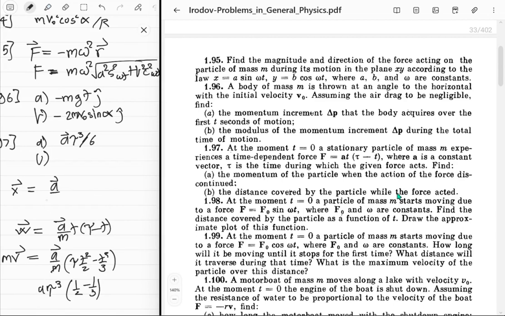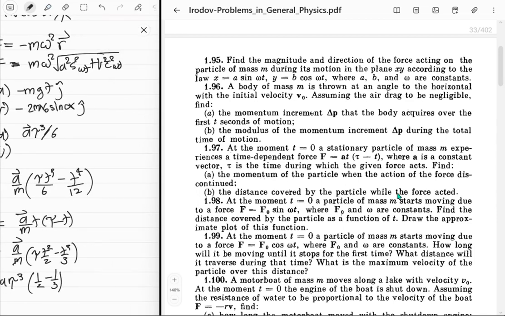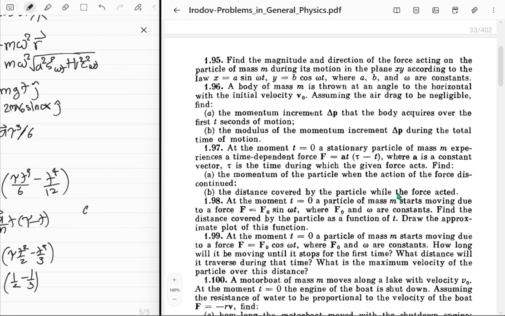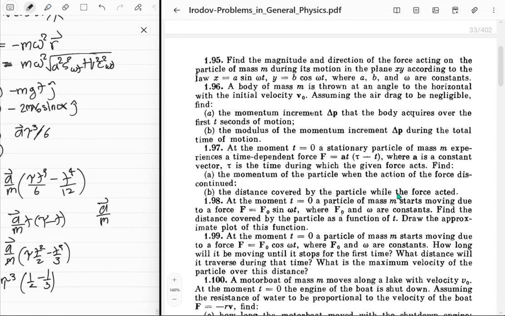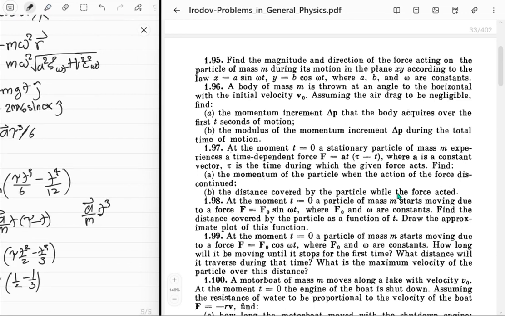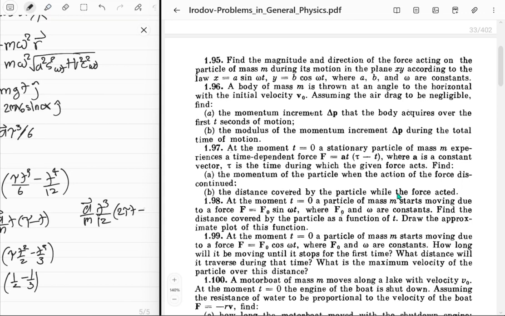So A vector upon m, and then you integrate this thing. So tau t cube upon 6 minus t power 4 upon 12. Simplify: A vector upon m, t cube upon 12 into 2 tau minus t.